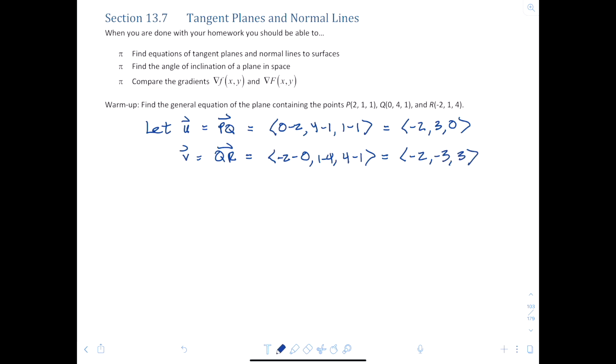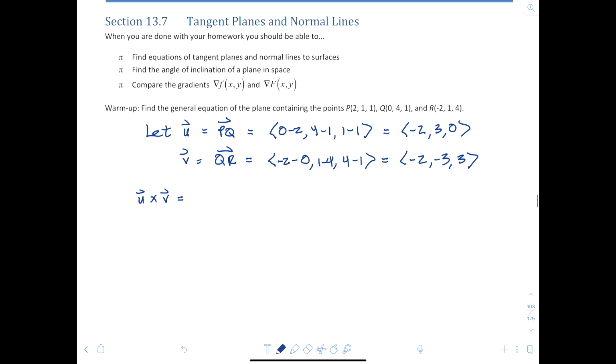Cool so far? Okay, so u cross v is equal to, let's see, we have i, j, and k, and then -2, 3, 0, and -2, -3, and 3.